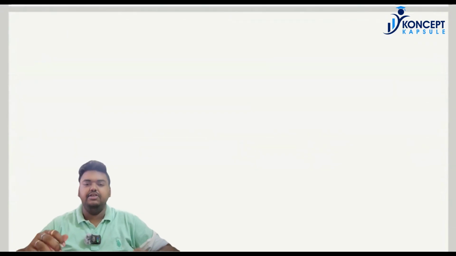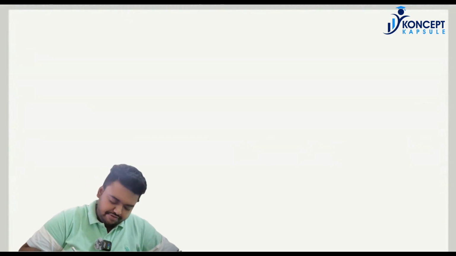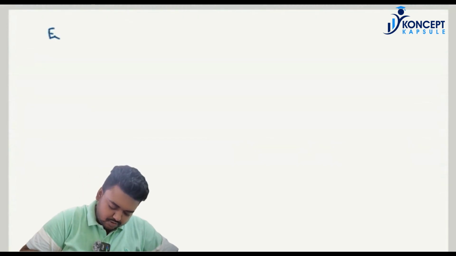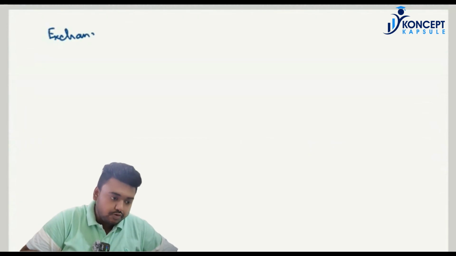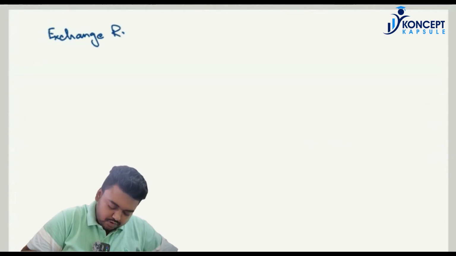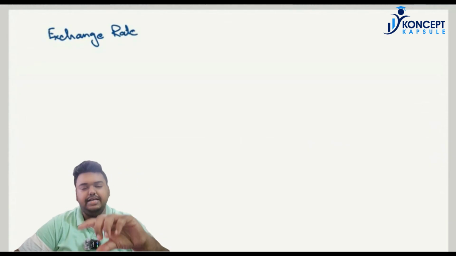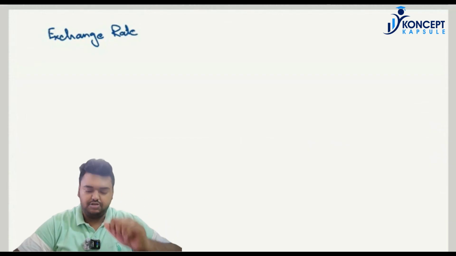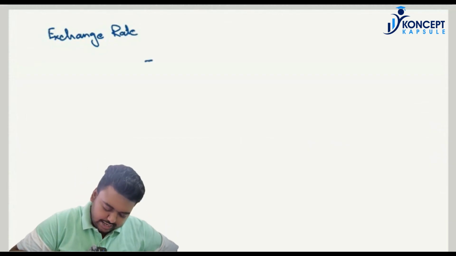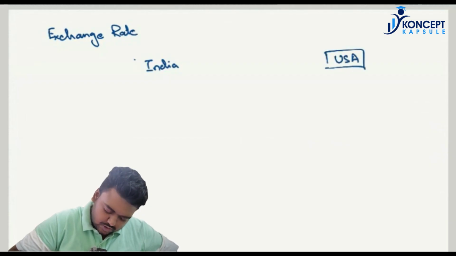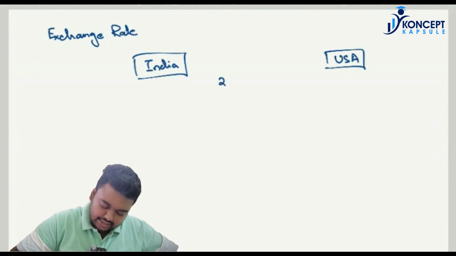So in the previous reading, we have learned about exchange rate. What is exchange rate? Exchange rate is basically the price of one currency denoted in terms of another. So if we take an example of India and USA, we were taking an example of rupees 87 per dollar.